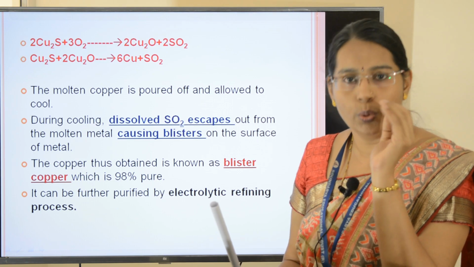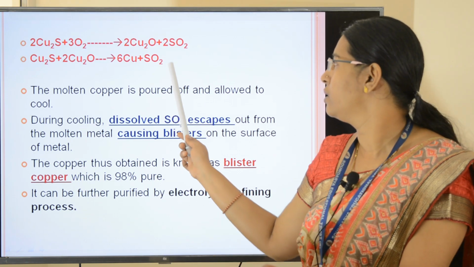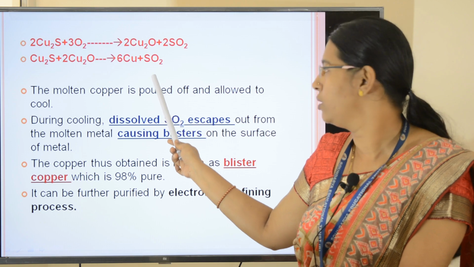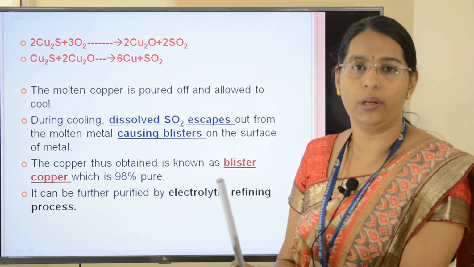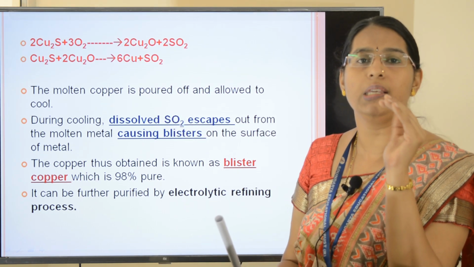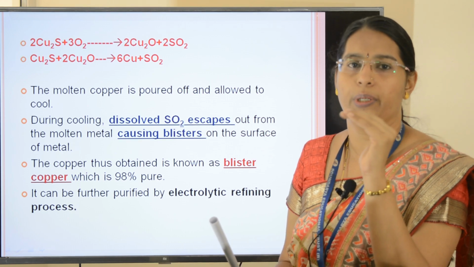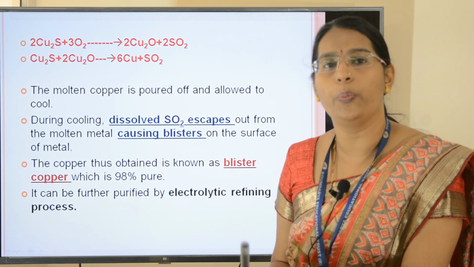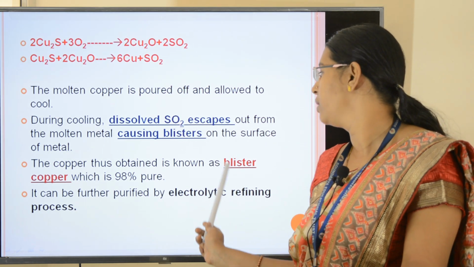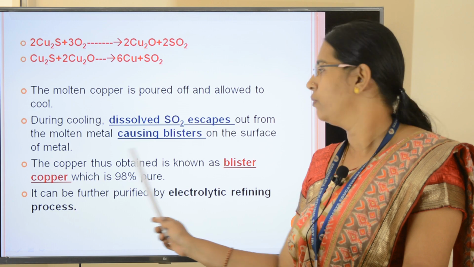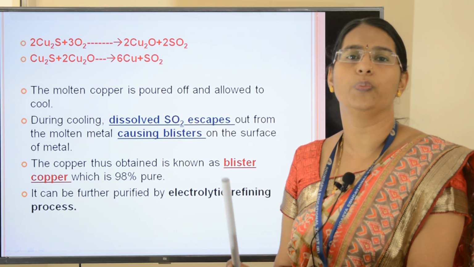So during the cooling process, the sulfur dioxide gas which is dissolved in the molten copper will escape, causing some blisters or bubbles on the surface of the copper, and hence the copper obtained in this step is known as blister copper, which is about 98% pure copper.